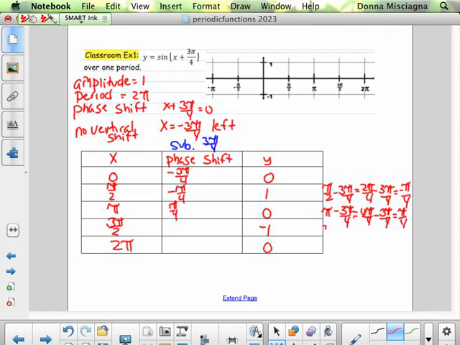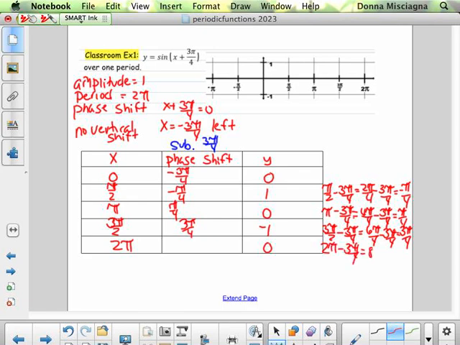And then we have 3 pi halves minus 3 pi fourths. We'll change the 3 halves to fourths. Just multiply numerator and denominator by 2. So that would be 6 pi fourths minus 3 pi fourths is 3 pi fourths. So we'll fill that in. And then 2 pi minus 3 pi fourths.